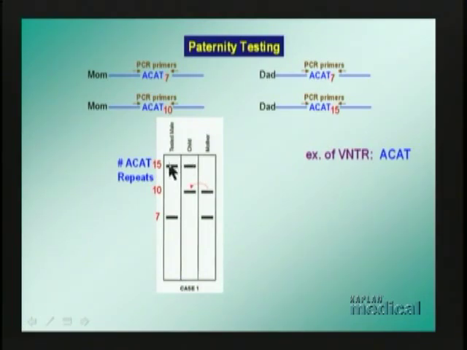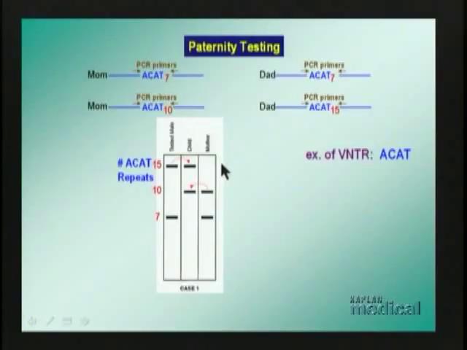And the answer in this example is yes. During inheritance, this chromosome, the original chromosome over here, had to come from the tested male and be given to the child. So what is the conclusion from this type of Southern blot? The conclusion is this tested male could be the father of this child.